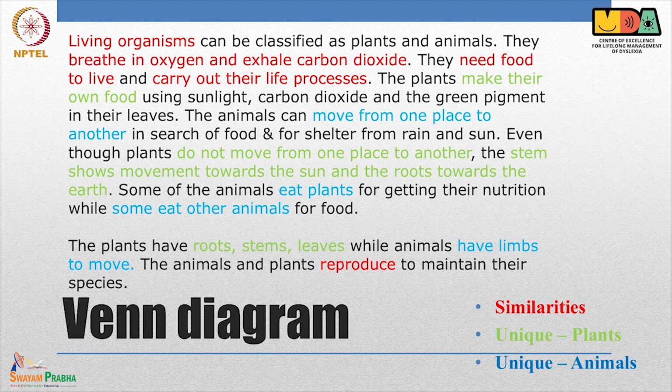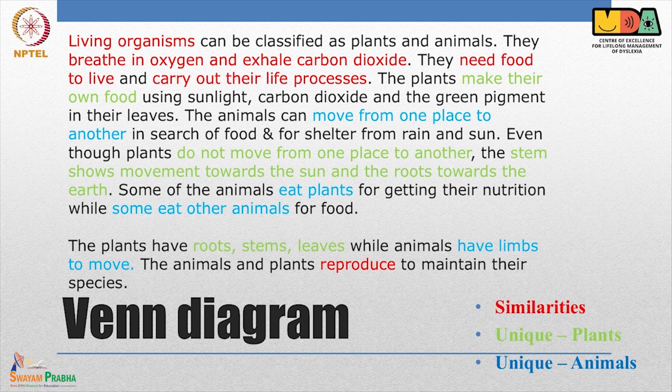The next thing: they breathe in oxygen and exhale carbon dioxide. The word they refers to both plants and animals, but please keep in mind we are only talking about the breathing process here and not photosynthesis. Whichever organism breathes takes in oxygen and gives out carbon dioxide, so that goes right in the intersecting portion.